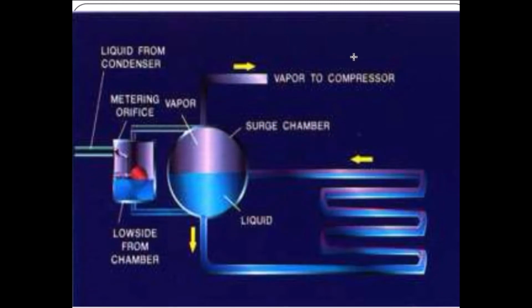And then another one is the low side float chamber system. In this type we utilize the liquid only, while the vapor goes to the compressor, and then the liquid is used to control the supply of the refrigerant from the condenser.